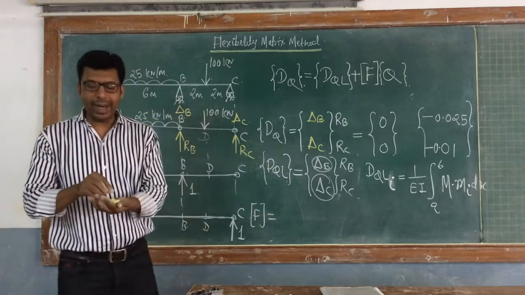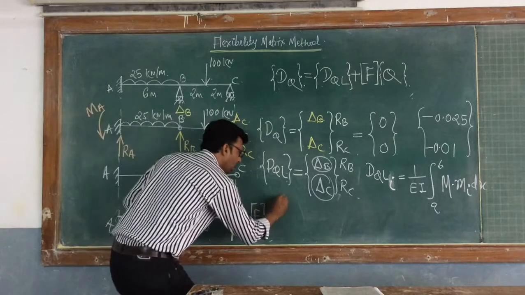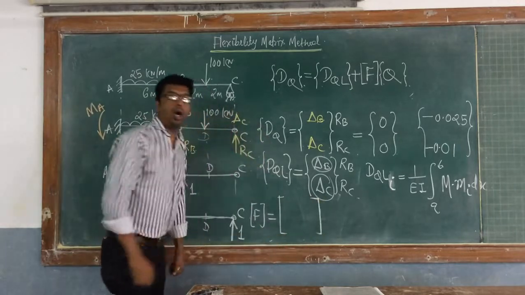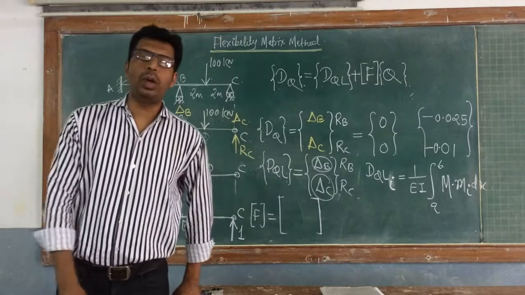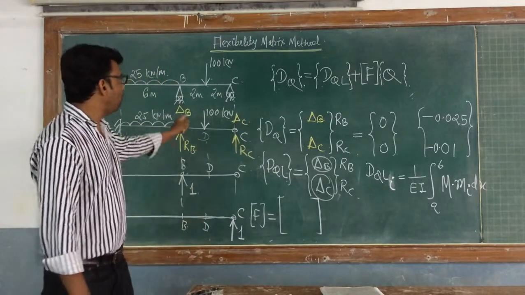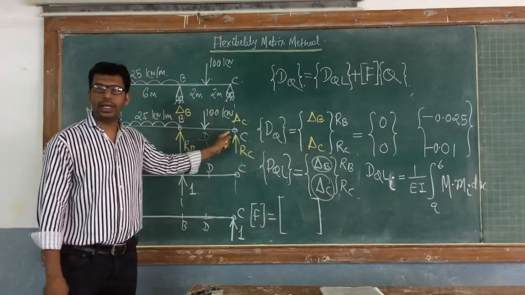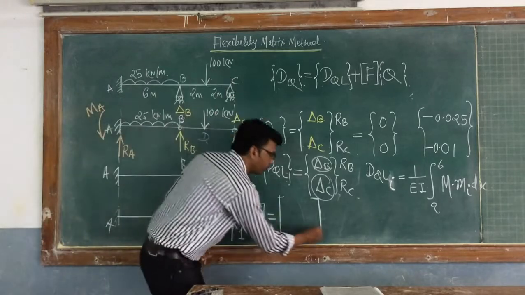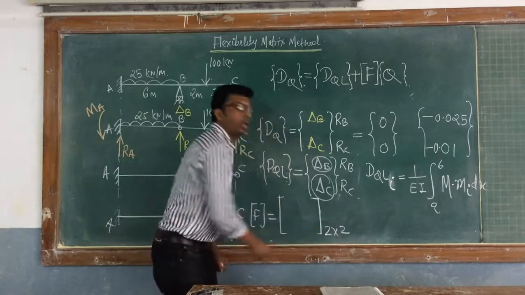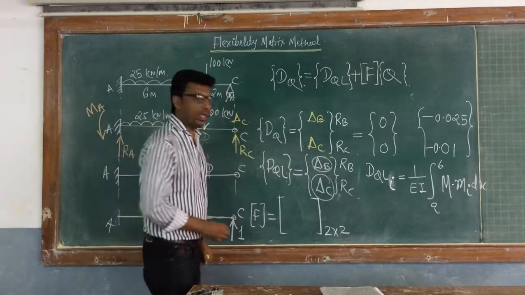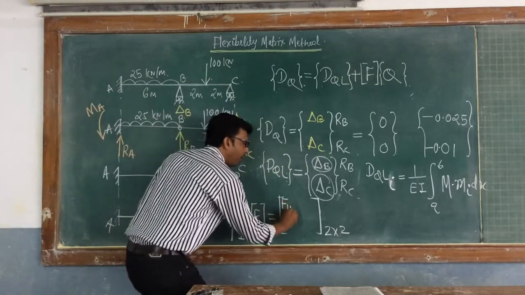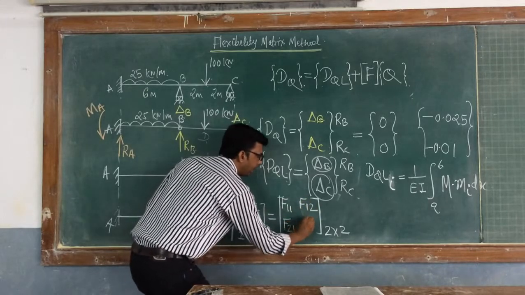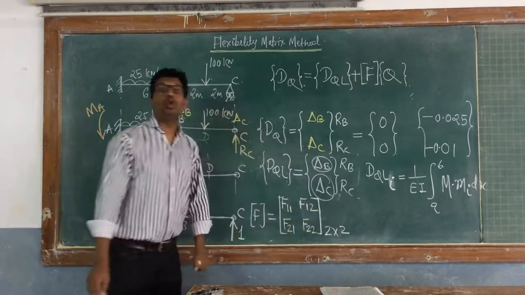Which is always a square matrix. The order of this matrix is equal to the total number of unknowns. If our unknowns are 2, RB and RC, the size of the flexibility matrix will be 2 by 2. 2 by 2 means there will be 4 elements: F11, F12, F21 and F22.